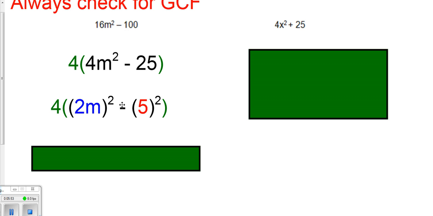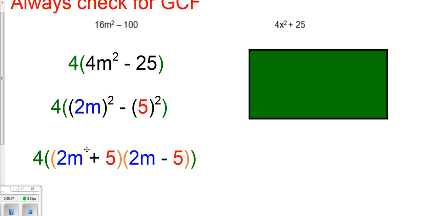Because this is a difference of squares, it has a minus between them, we can separate it out into 4 as our greatest common factor on the outside, times 2m plus 5, and times 2m minus 5. So this essentially has 3 different factors, one on the outside, one on the inside, and another one on the inside. These two multiplied together and then multiplied by 4 would make this piece.